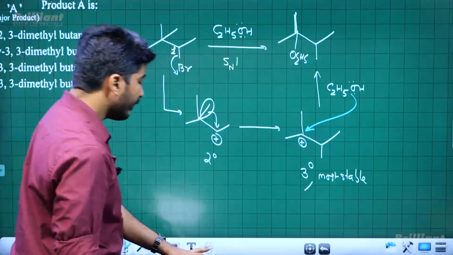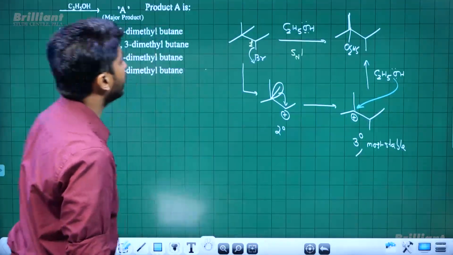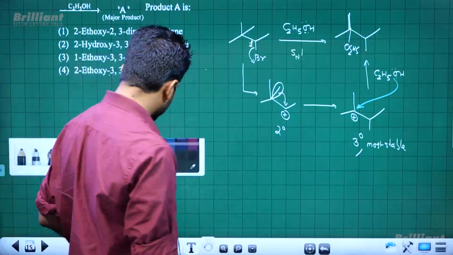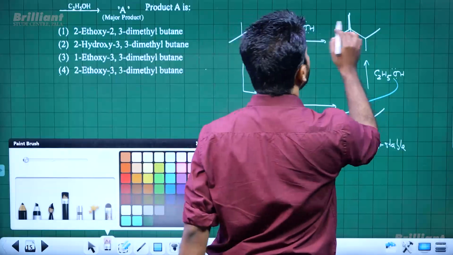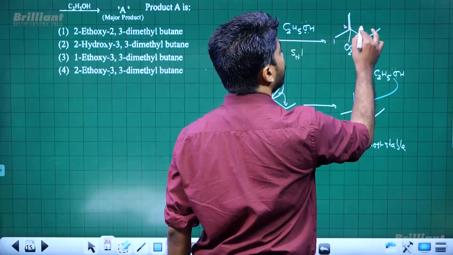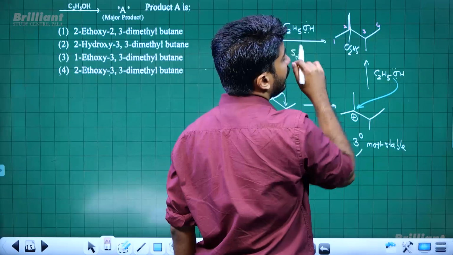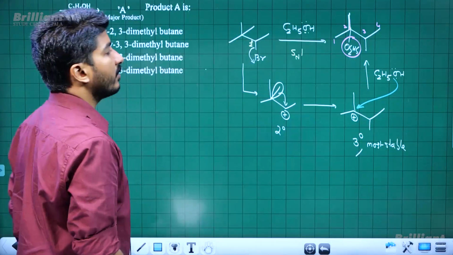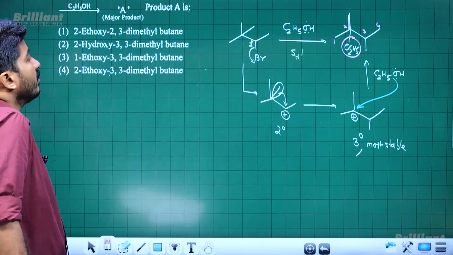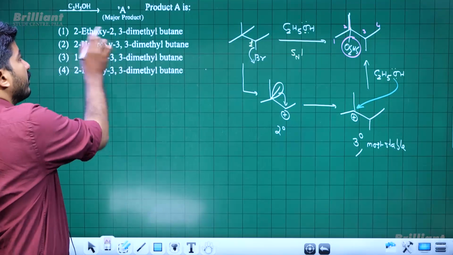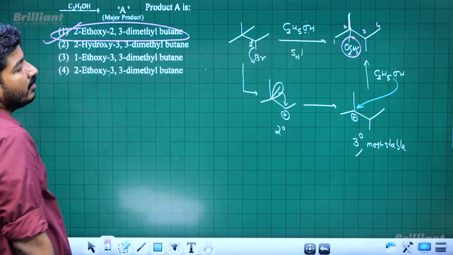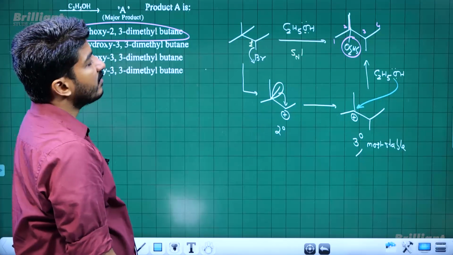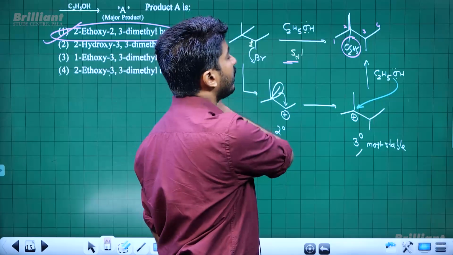They have given the IUPAC names as the options, so let's predict its name. 1, 2, 3, 4. So this is 2-ethoxy-2,3-dimethylbutane. That is option 1. That is an SN1 product, a rearranged product, right?